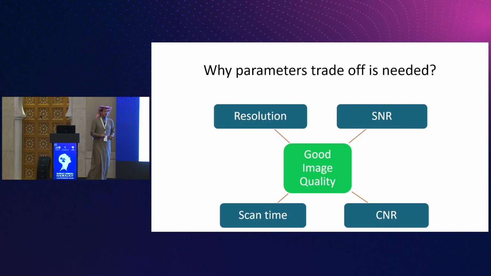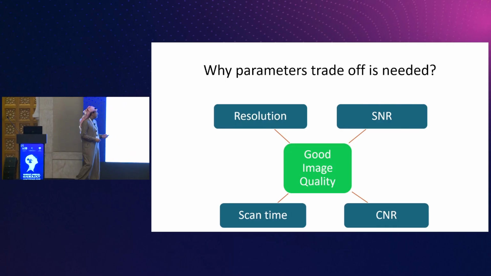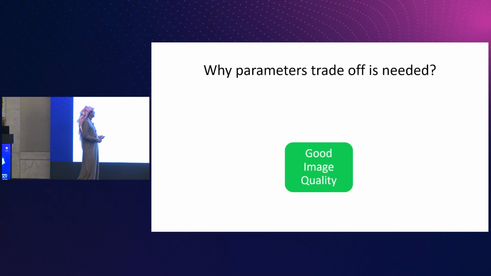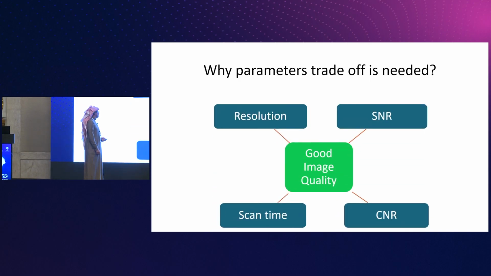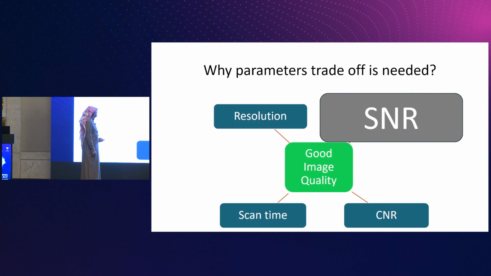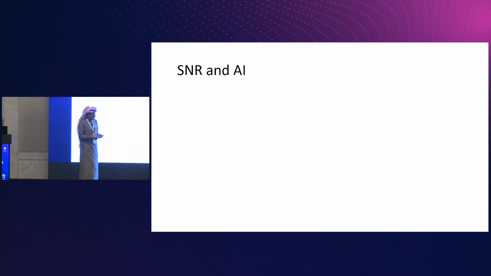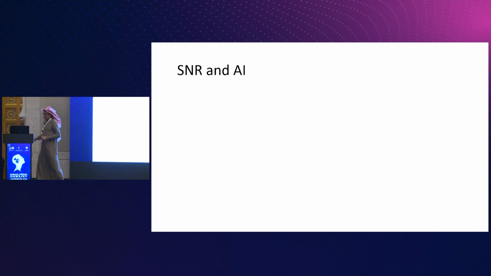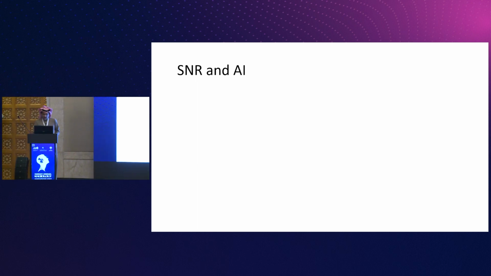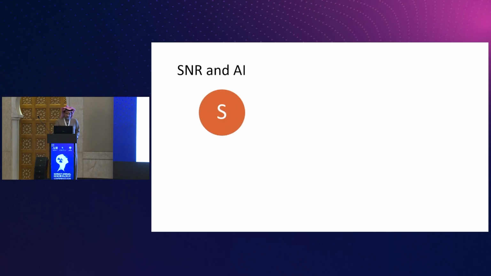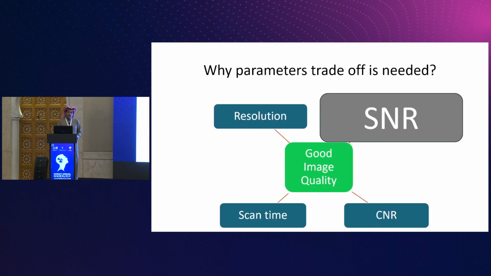Why is parameters trade-off needed? To get good image quality, right? So let us start.